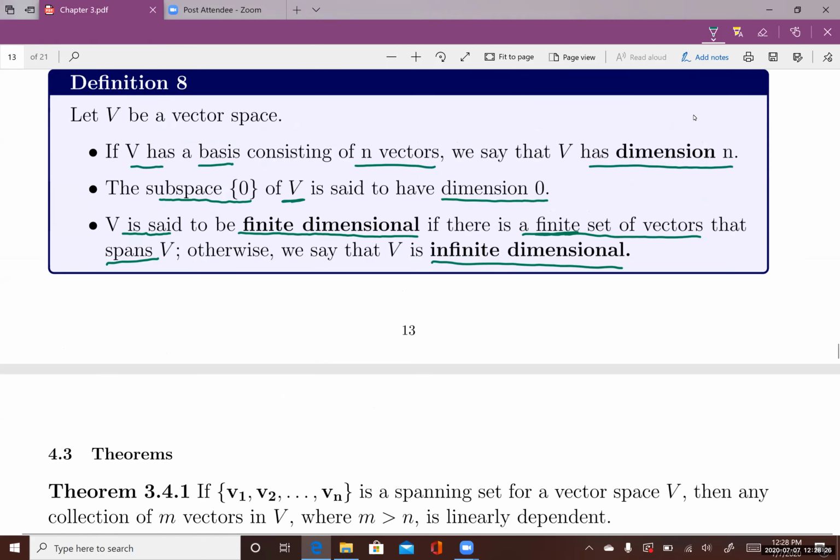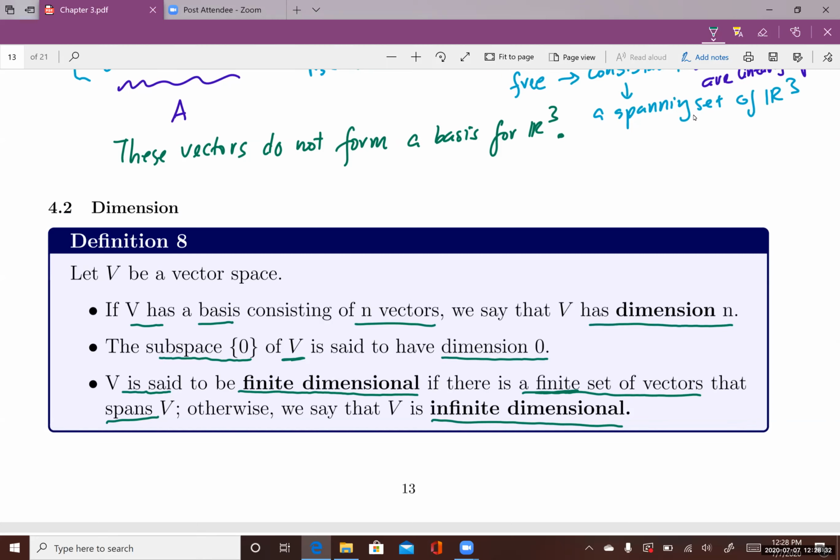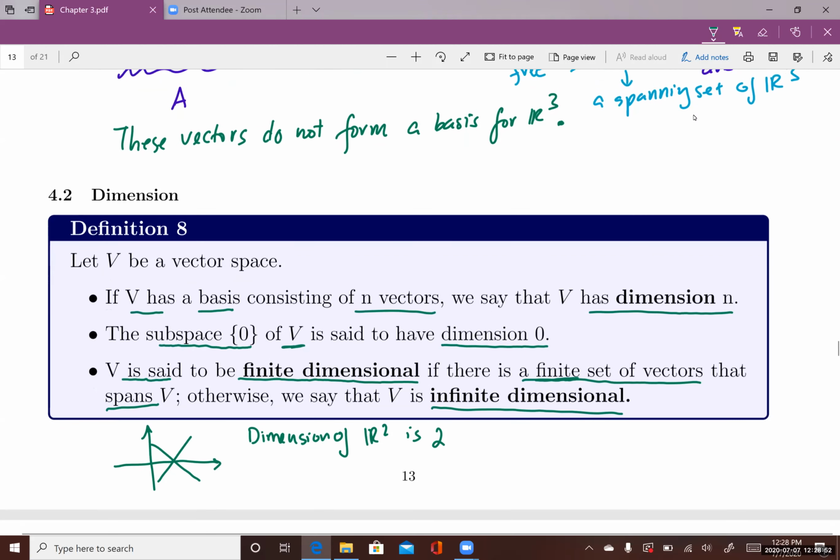Let's look at an example in R2. In R2, you need 2 vectors to form a basis, so the dimension of R2 is 2. If you look at R3, then you need at least 3 vectors in order to span R3, so the dimension of R3 is 3.